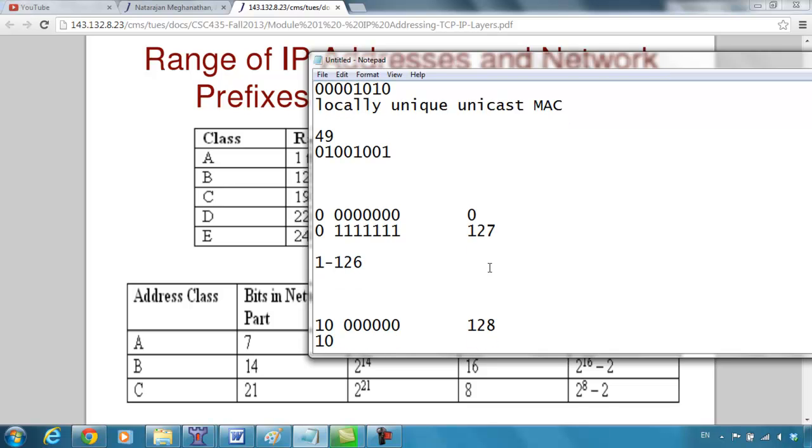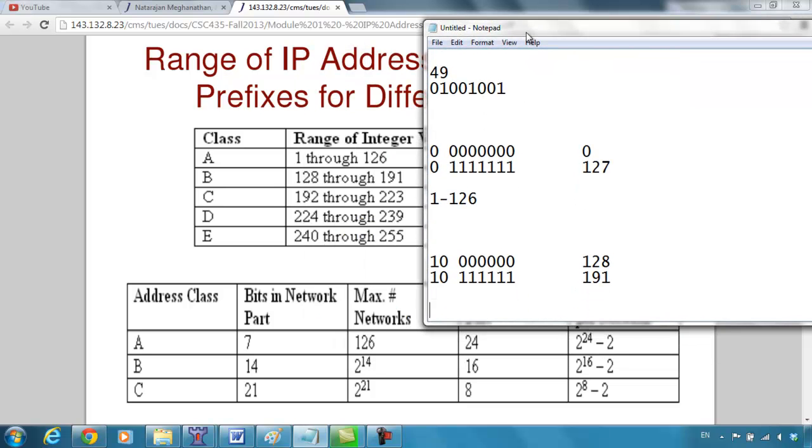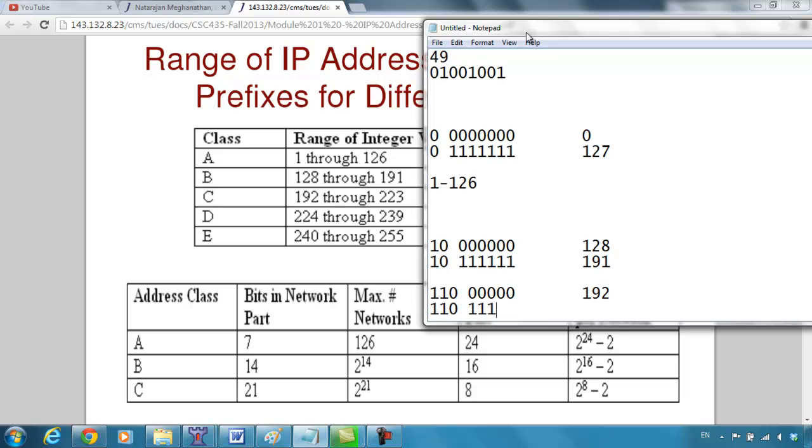And with the first 2 bits 1 and 0, the remaining 6 bits can be all ones, so this could go from 128 to 191. Okay, so that's for class B. Similarly, for class C, the first 3 bits are 1, 1, 0, so the remaining 5 bits can vary. So this is 192, and with the remaining 5 bits all ones, which is 31, it goes to 223.